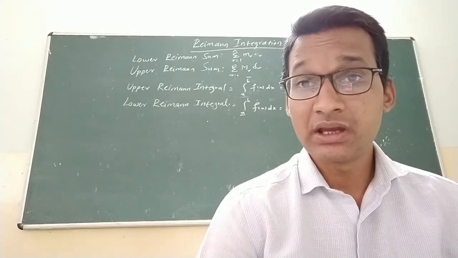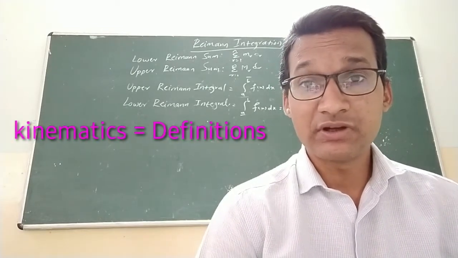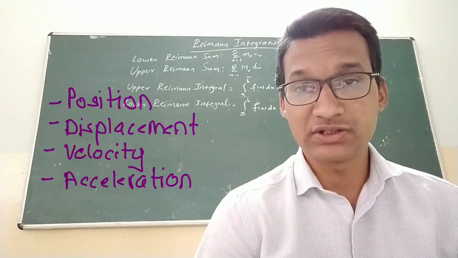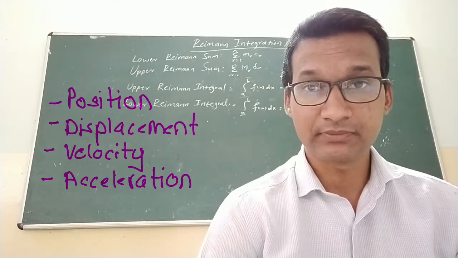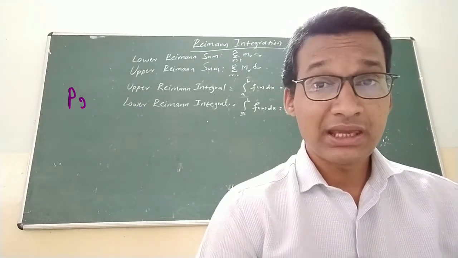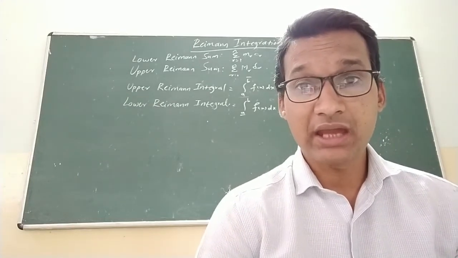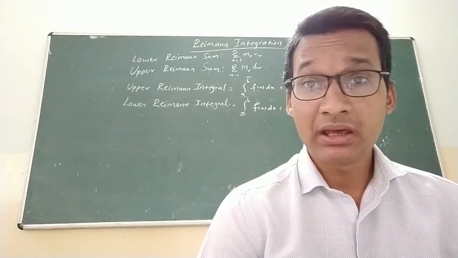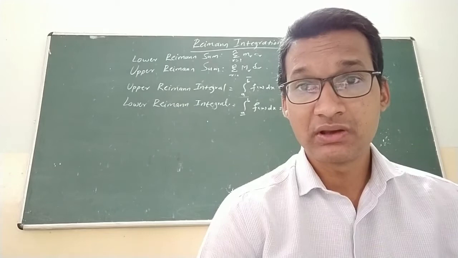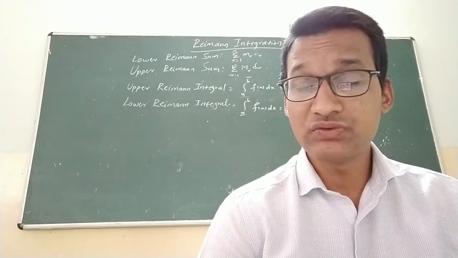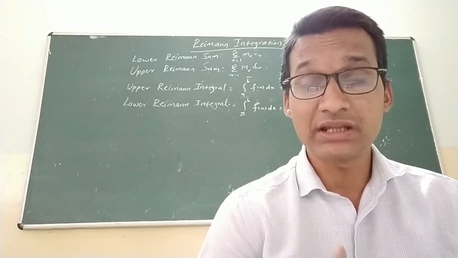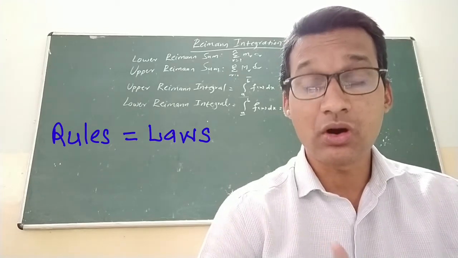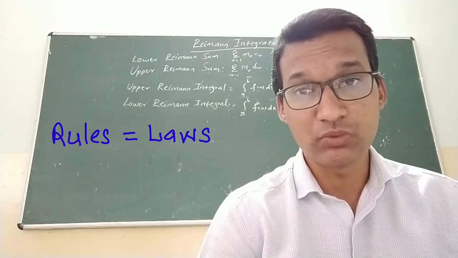Kinematics is involved in defining different terms such as position, displacement, velocity, acceleration. Whereas in dynamics, as we had in warranty card, there will be conditions or the rules. Here the rules will be called as laws. These are the laws that will explain to us the mechanism of motion or explain to us the cause of motion.